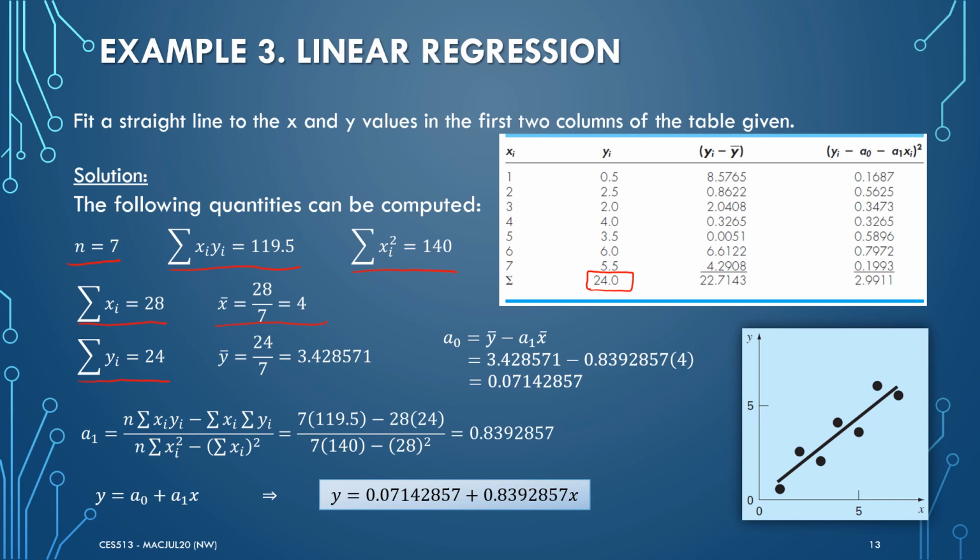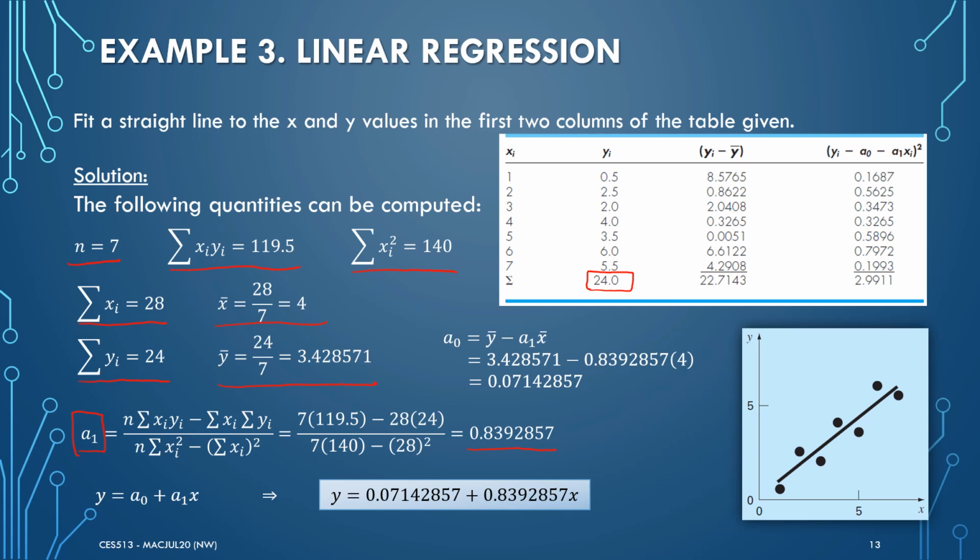Then we can obtain the value for y bar, which is equal to 24 divided by 7, or number of data. Then from there we can calculate for a1 using that equation and obtain 0.8392857.